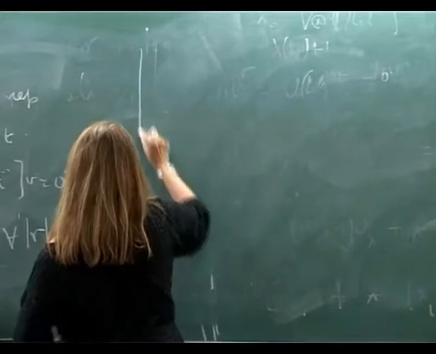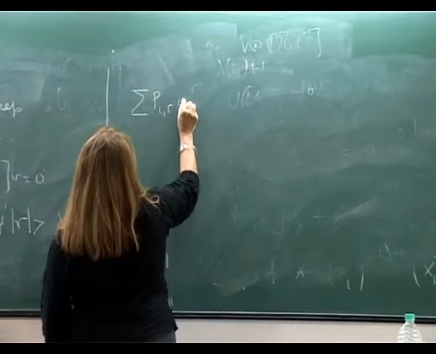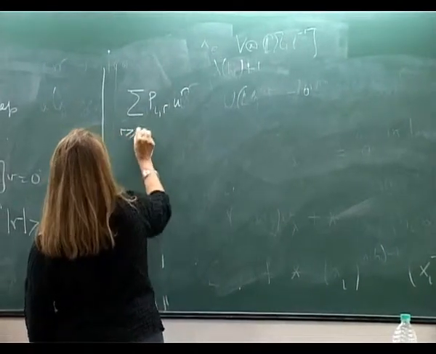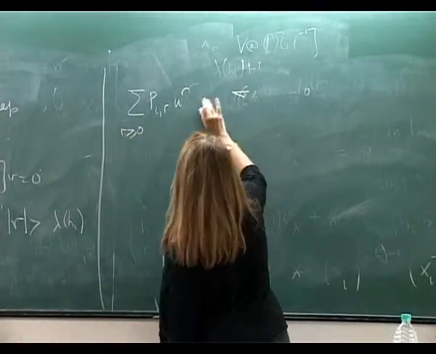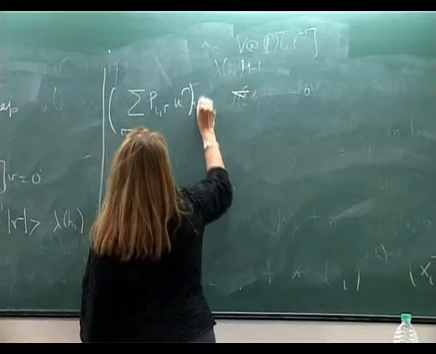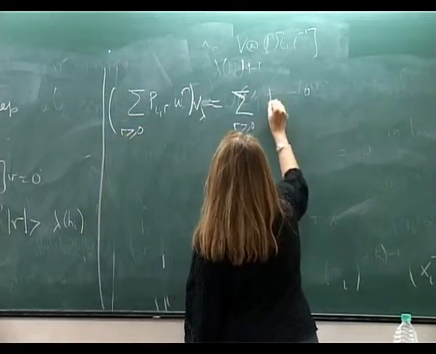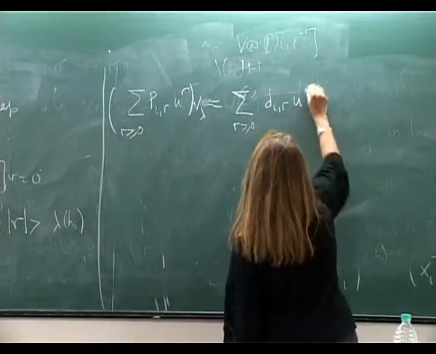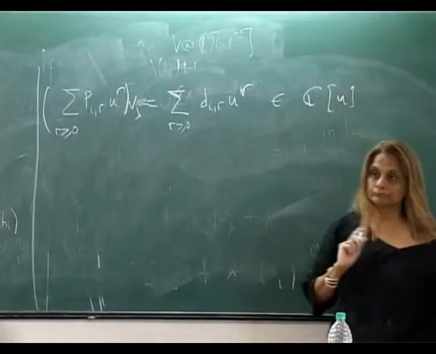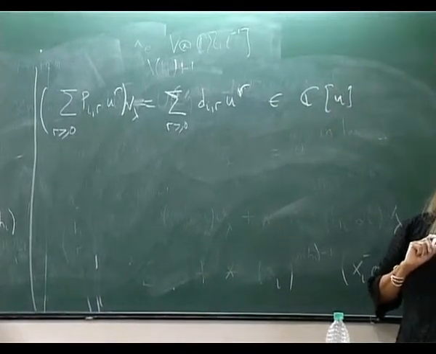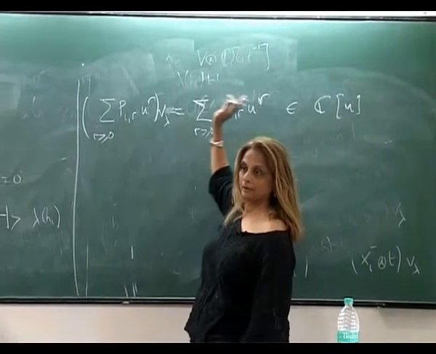Let's form our favorite power series, the sum of P_ir u^r for r greater than or equal to 0. What I'm saying is that when it acts on v_lambda, this is really acting as a polynomial. So if I have a finite dimensional representation, for every index I have a polynomial.